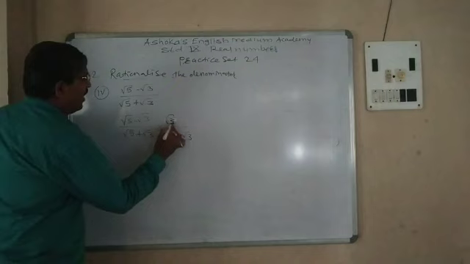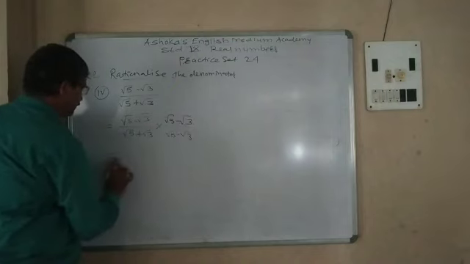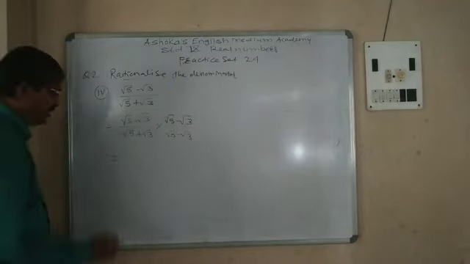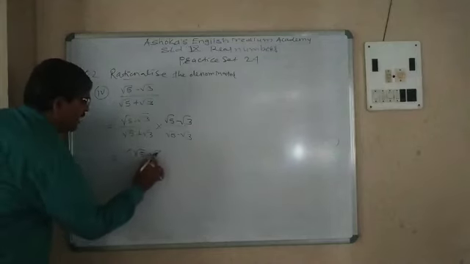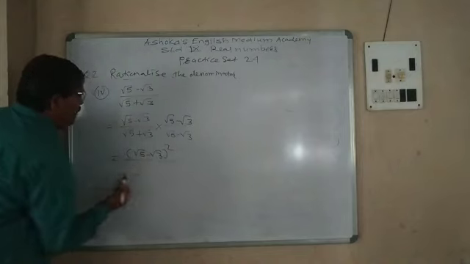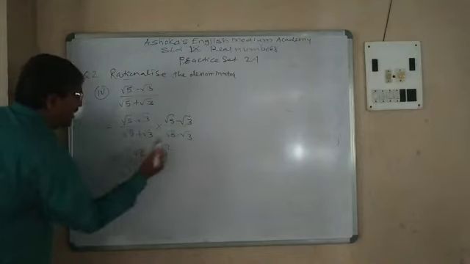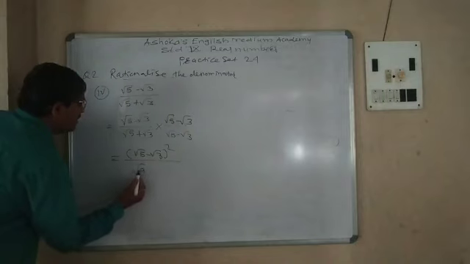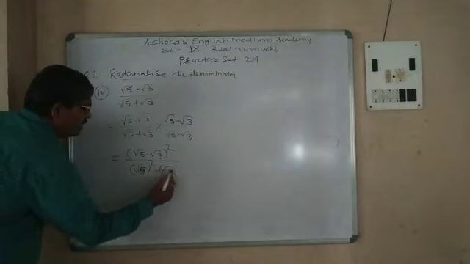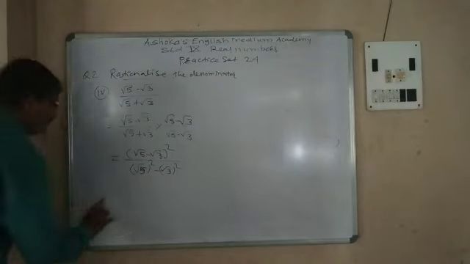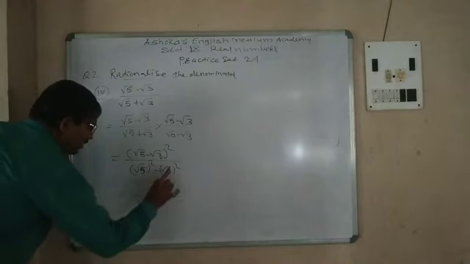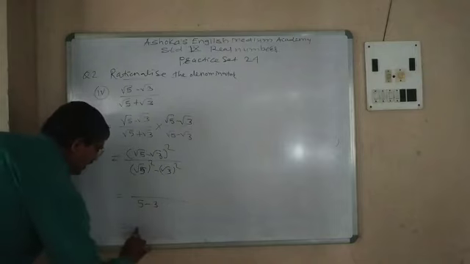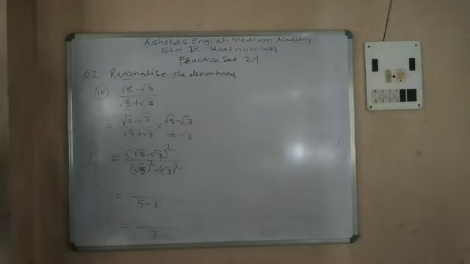Here root 5 minus root 3 times root 5 minus root 3 is root 5 minus root 3 whole square, upon a plus b, a minus b means a square, that is root 5 square minus root 3 square. So what will happen? Root 5 square means only 5, root 3 square means only 3. So you will get 2, the denominator is 2.